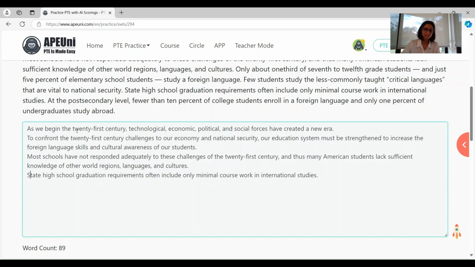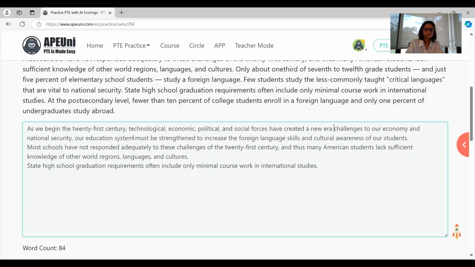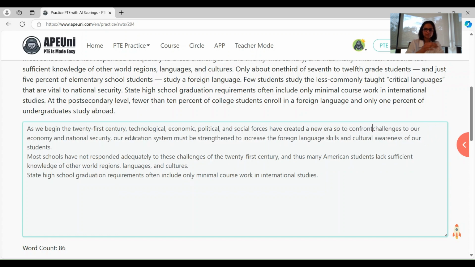Okay, so as you can see, there's one phrase that's constantly being repeated: 21st century, 21st century, 21st century. We're going to cut all that out. We only need to mention it once. To confront challenges to our economy and national security, our strength to increase of our students.